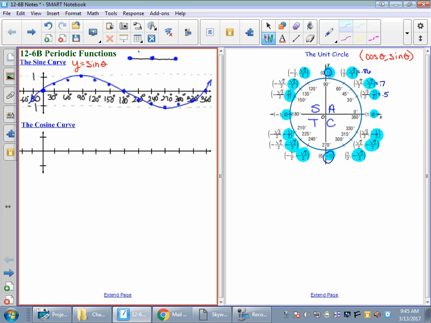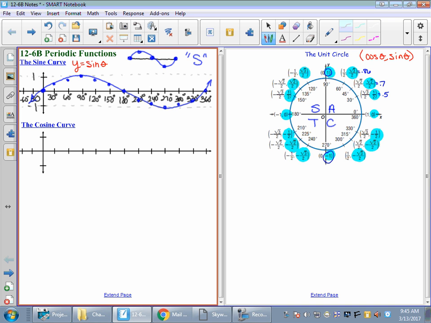It peaks and it valleys in between those. So there's your 5 points. And when you do those key 5 points, and you connect them in a curve, it sort of makes a sideways S. So I always think of a sideways S, you're going to see a peak and then a valley for the parent function of the sine curve.